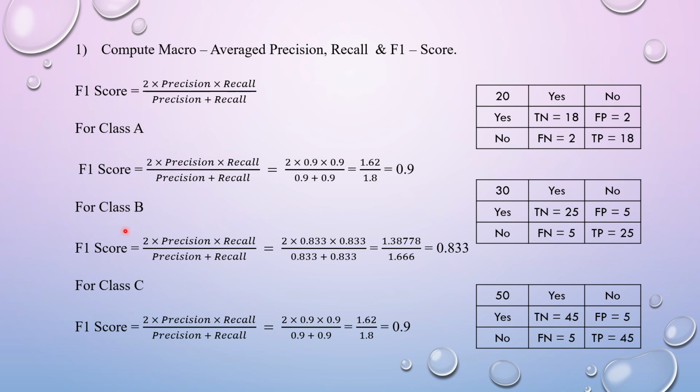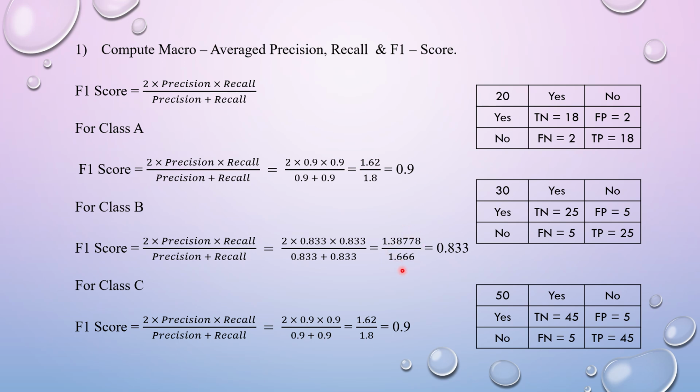Similarly for class B, F1 score is equal to 2 into 0.833 into 0.833 divided by 0.833 plus 0.833. After calculating the value, 1.38778 divided by 1.666.